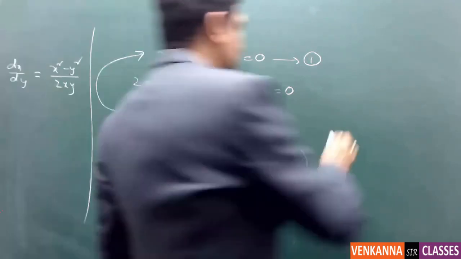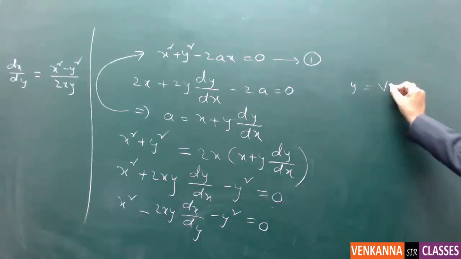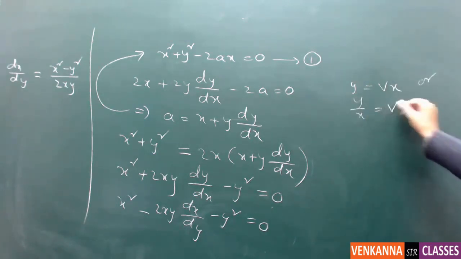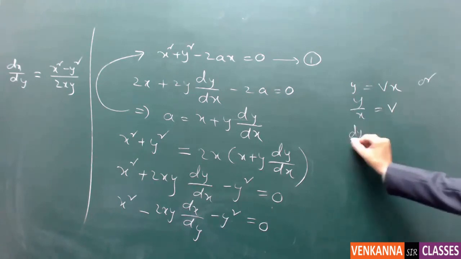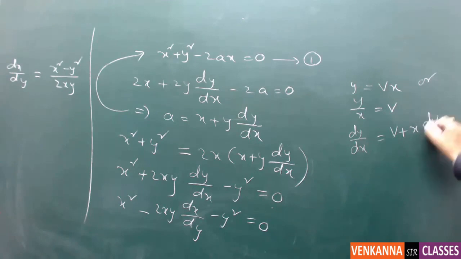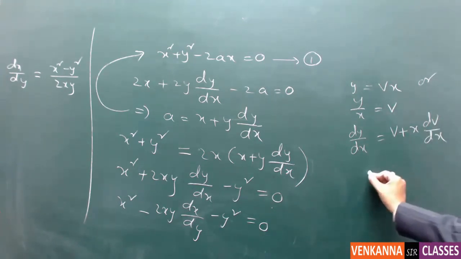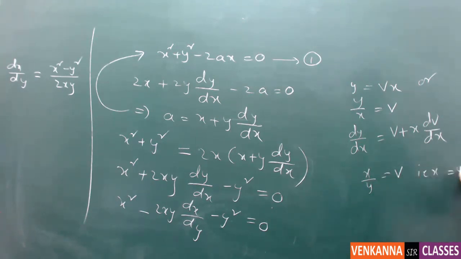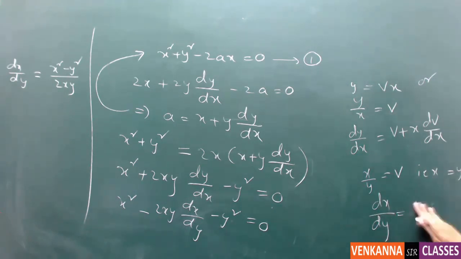We use the technique that we put y is equal to vx, or y by x is equal to v. On differentiating, we have dy by dx is equal to v plus x into dv by dx. Or in the other model, you can put x by y is equal to v, that is x is equal to yv, so that dx by dy is equal to v plus y into dv by dy.